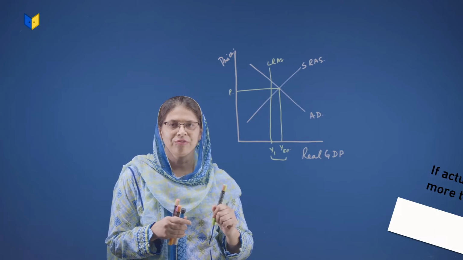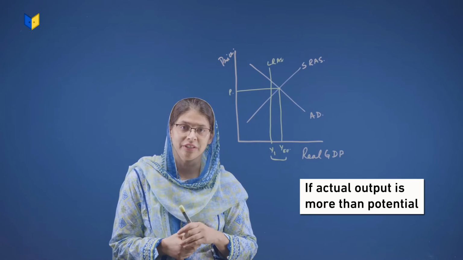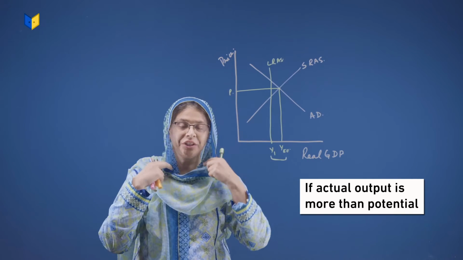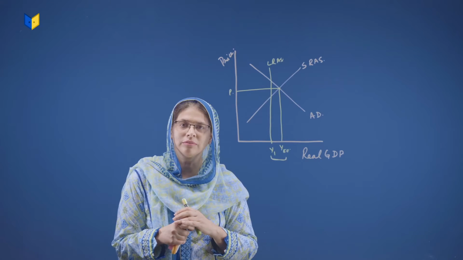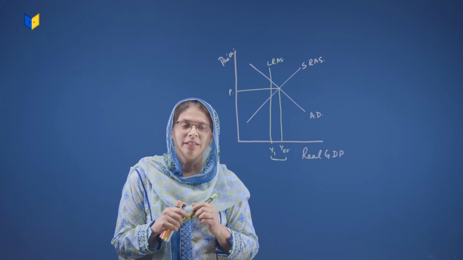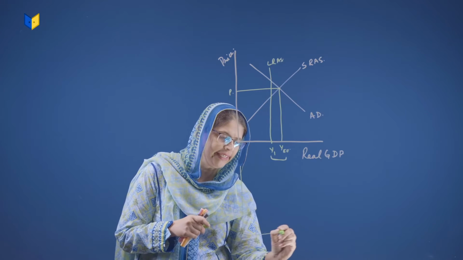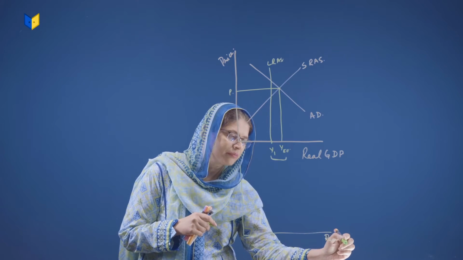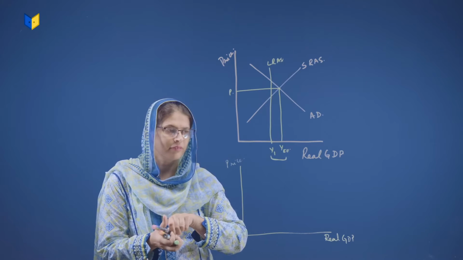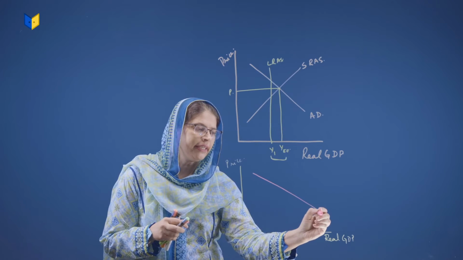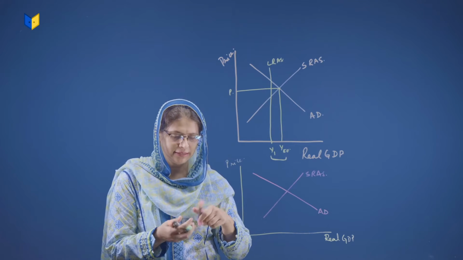Again, if your actual output is more than the potential, now a question comes to our mind: how can it happen that our actual becomes more when our potential was less? This can also happen. How can it happen? Again, this is the real GDP and this is the price. This is the aggregate demand curve and this is the short run aggregate supply.